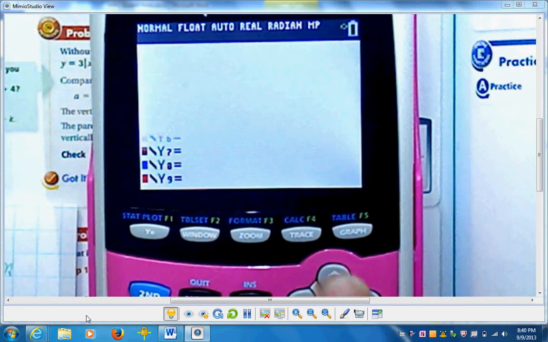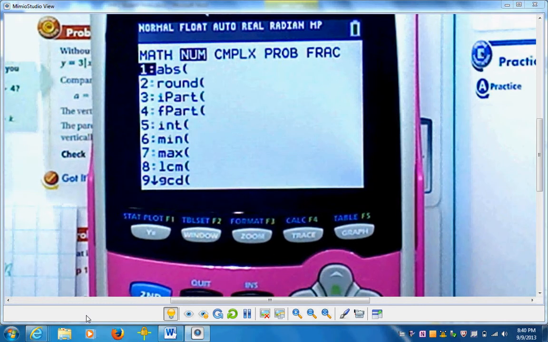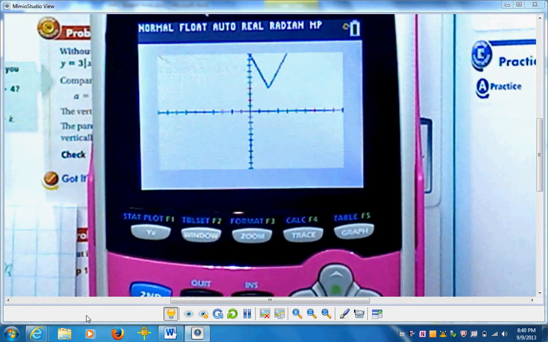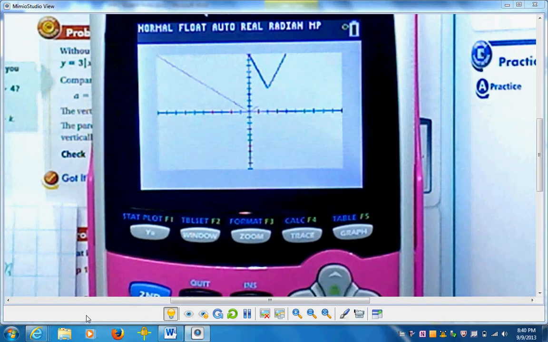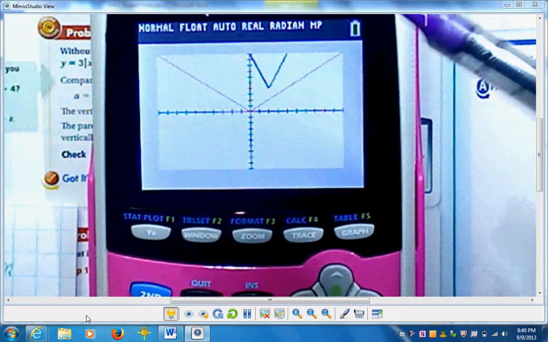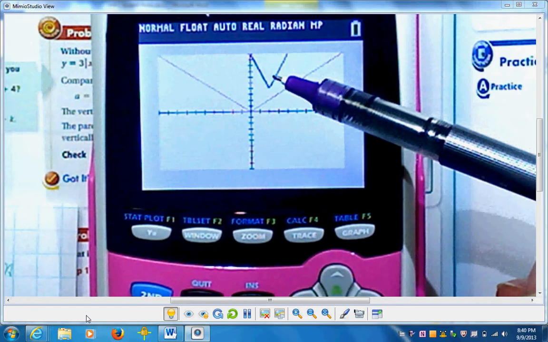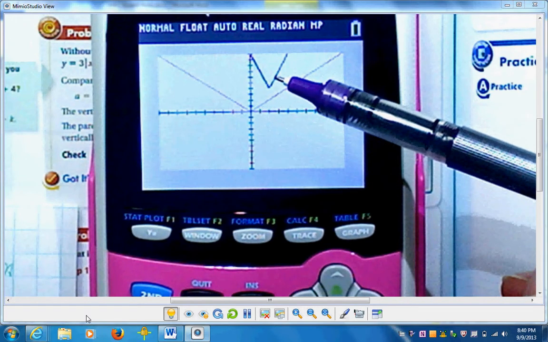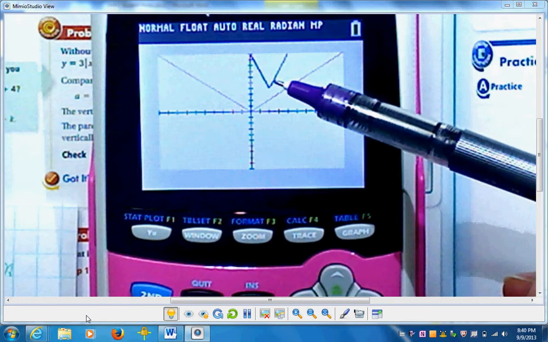So I'm going to push the math button, go to number, absolute value, and I'm just going to put in x. And I'm going to graph that. So we can see there's the parent function, and you can see that the function that we're interested in is much narrower than the parent. So the function we're interested in has been stretched.